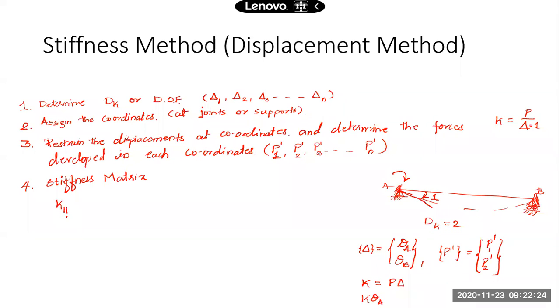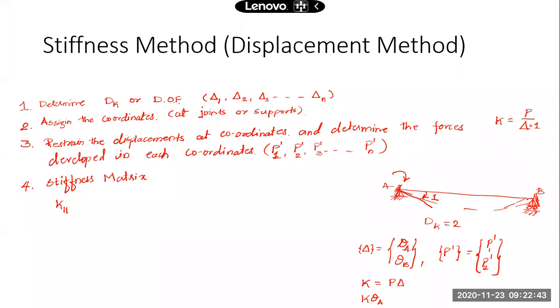K11. Okay, now at the same time, keeping unit displacement in the first coordinate, if I go for finding out the force in the second coordinate, the unit displacement is applied over here in the first coordinate. I'm not allowing any displacement in the second coordinate, it is still fixed.